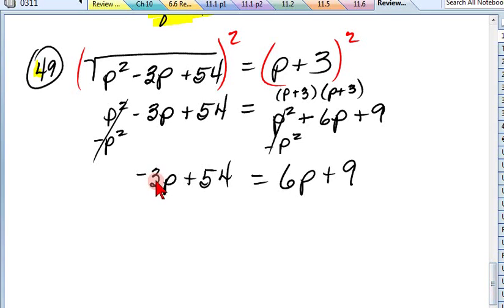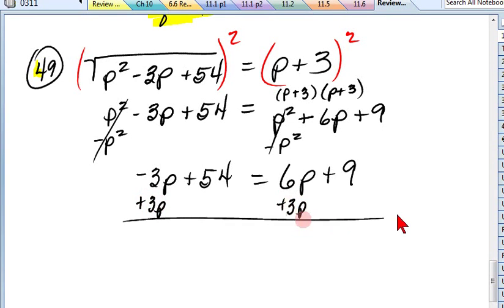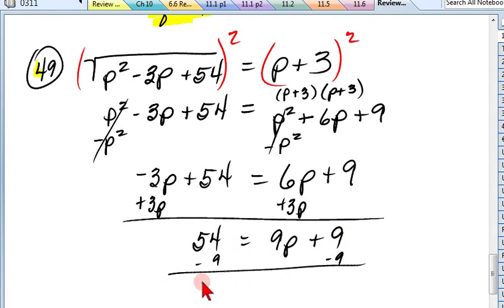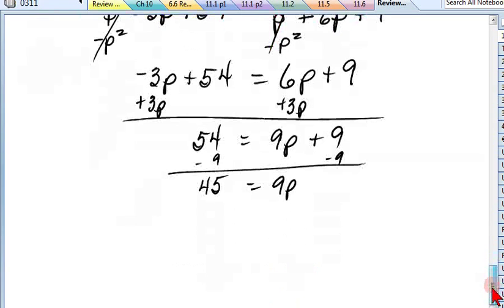Do you want me to add 3p or do you want me to subtract 6p? Add 3p. That's going to give me 54 is equal to 9p plus 9. Subtract 9. That's going to give me 45 is equal to 9p. Divide by 9. And 5 is equal to p.